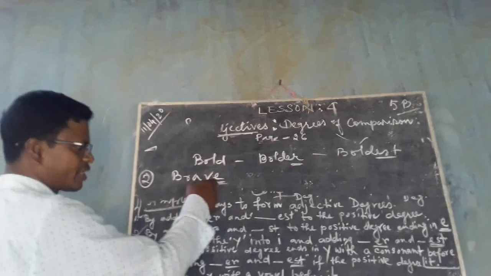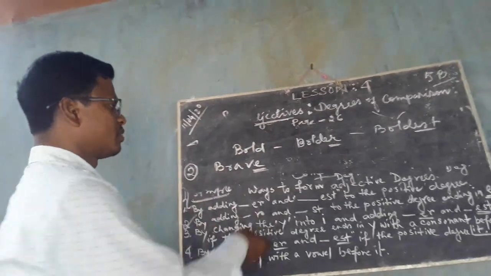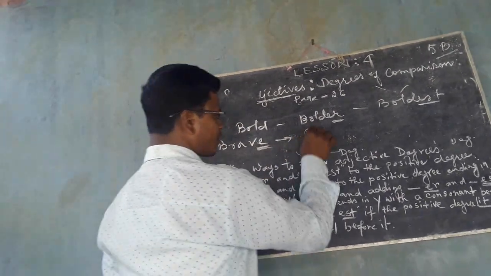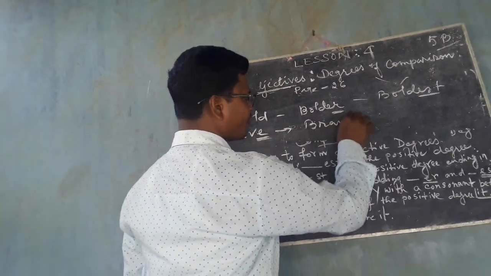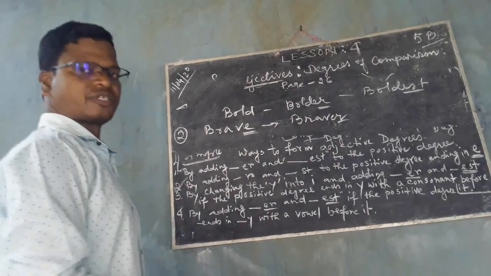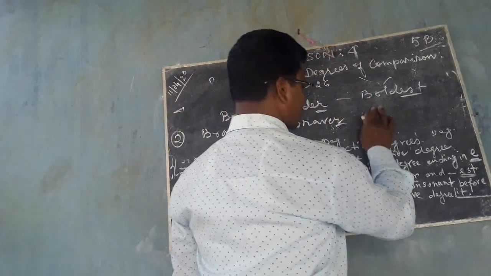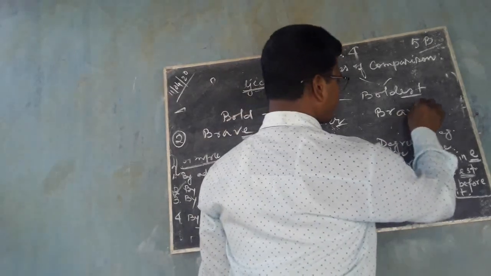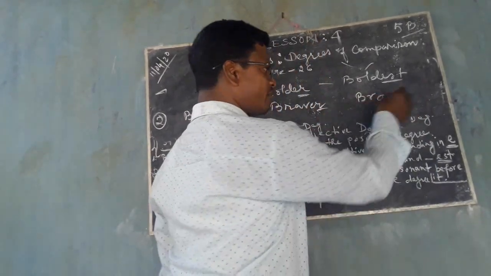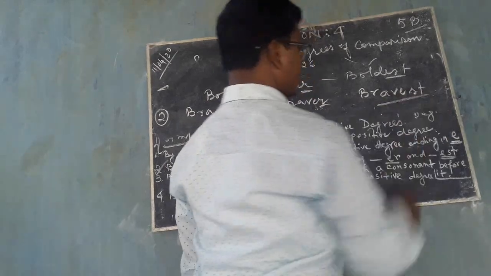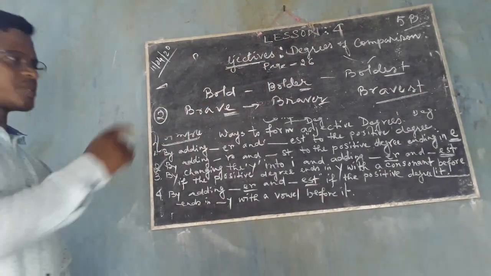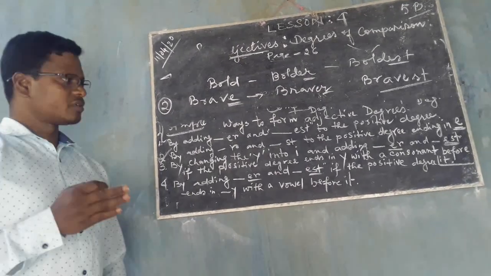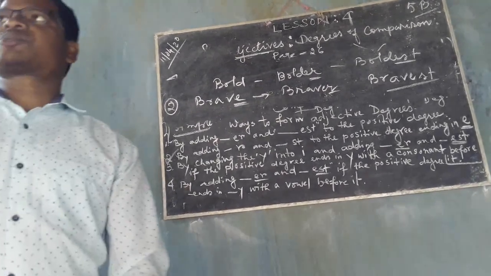This word ends with what? E. So what shall we add here in the comparative? Only r, braver. Only r is added. And in the superlative, only st. Brave, and add st. So bravest. This is how we form the different adjective degrees.